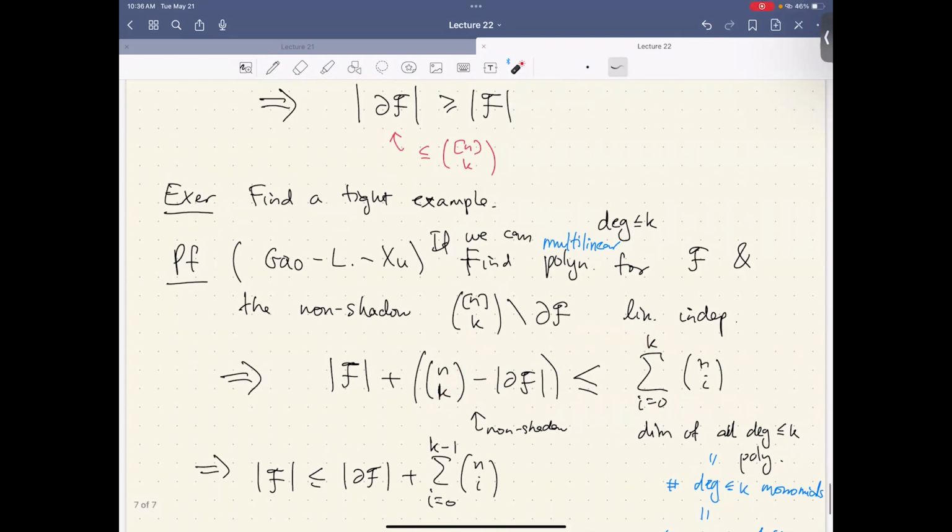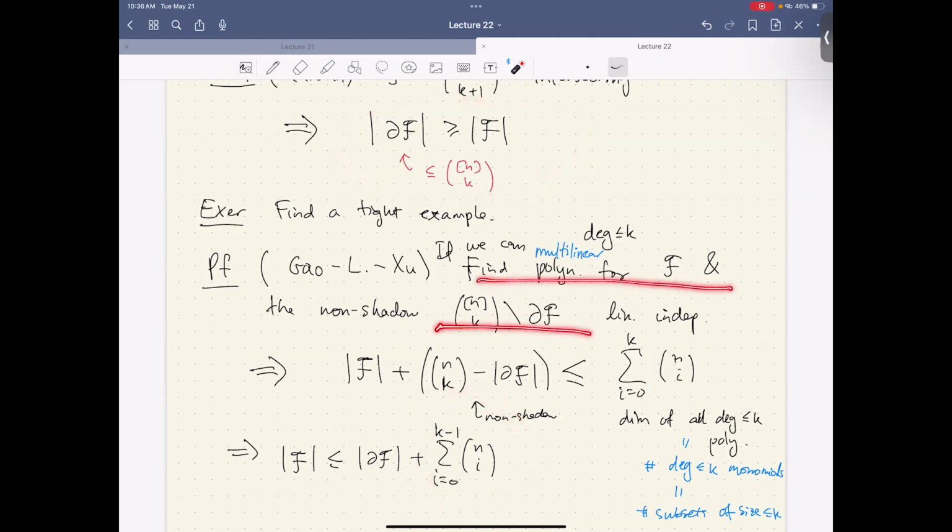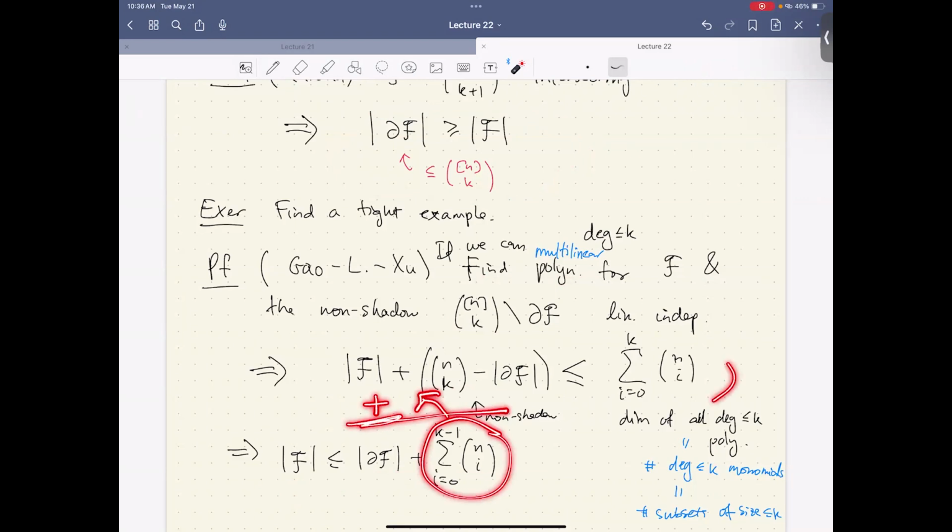So that means to prove our desired inequality, we need to somehow sneak in an additional set of polynomials, each one corresponding to a set of size at most k minus 1, such that together with these two existing families, they are still linearly independent. That will help us add this term on the left-hand side. We will then finish the proof.